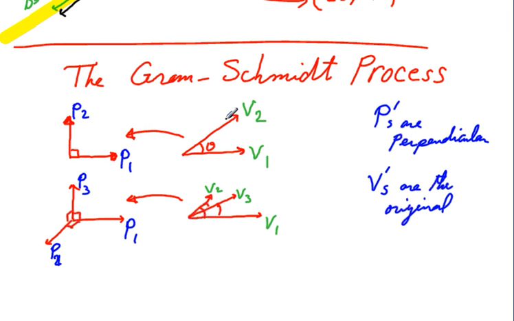So we are not leaving the space and going to our backyard to do something there. Rather, we want to be relevant to what we are starting with. So span of P1 has to be the same as the span of V1. Span of P1 and P2 has to be the same as the span of V1 and V2. Span of P1, P2, P3 has to be the same as the span of V1, V2, V3. So both of them are describing the same space. It's just that one set is nicer looking than the other.